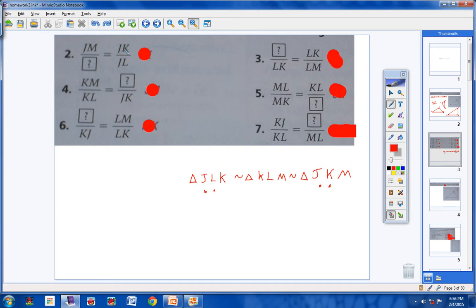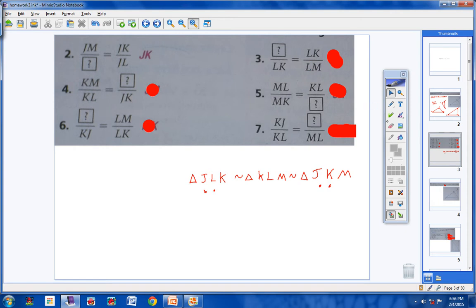Okay, I've got JK here. JK over JL equals, now if you started here and went to here, then you got to start here and go to here for the next fraction. So JK over JL equals JM over JK. So the answer is going to be JK, or KJ is fine too. Okay, there it is. Let's try number 3.